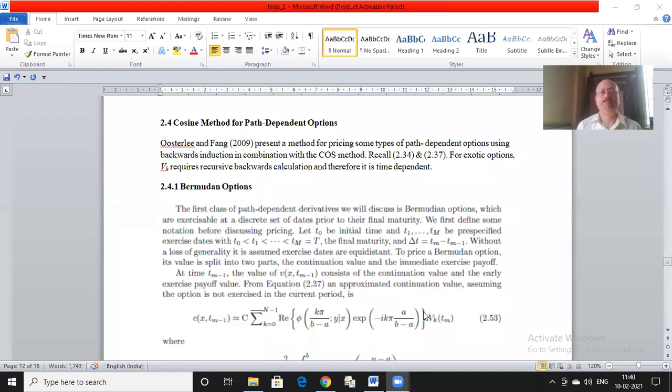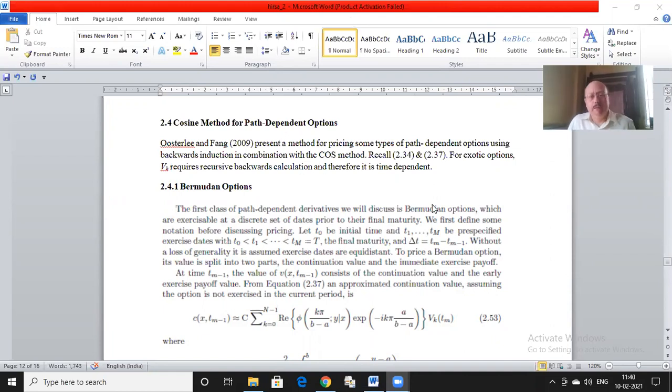So let me continue with the next application of the cosine method. And as I said in the beginning, the cosine method may be used for pricing some of the path dependent options also.